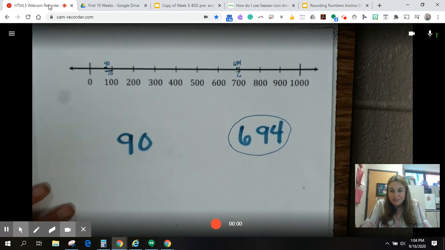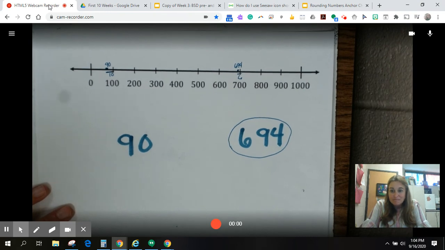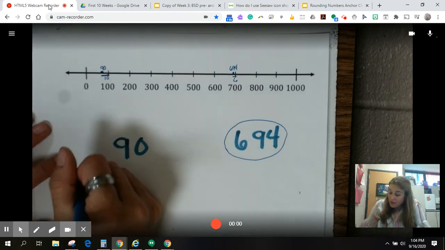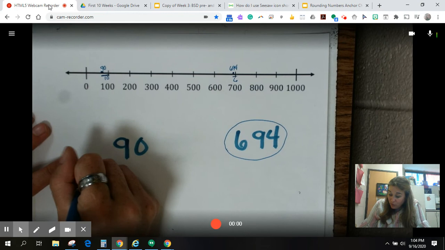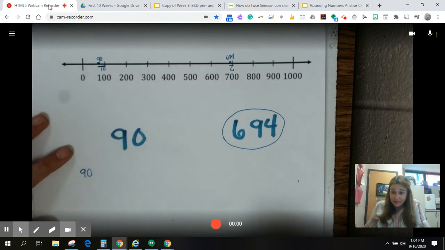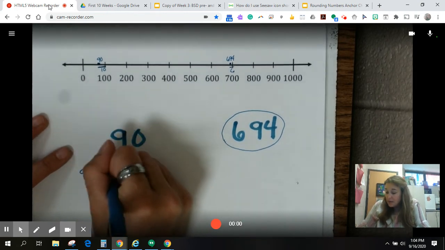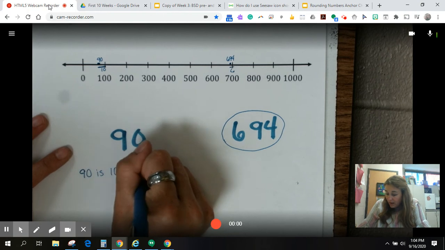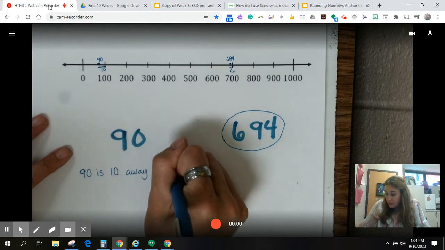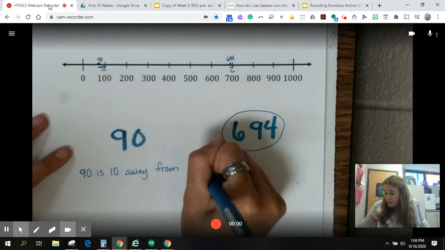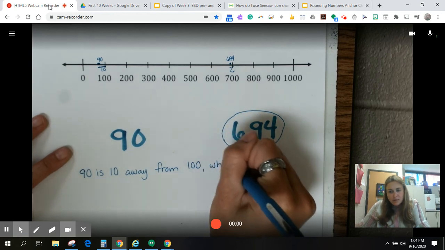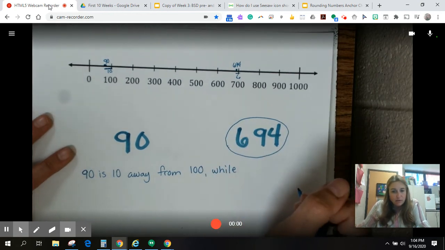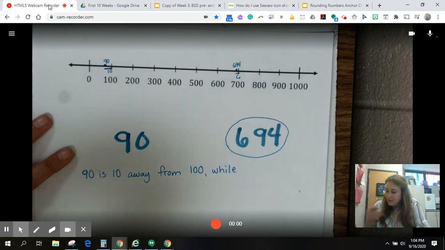Now here's the next step. How are we going to explain that? We're going to say 90, and if you want to write the numbers in, 90 is 10 away from 100, while, oh my gosh, is that a subordinating conjunction that I'm throwing into a math lesson? No way.